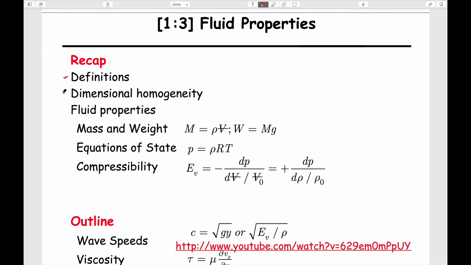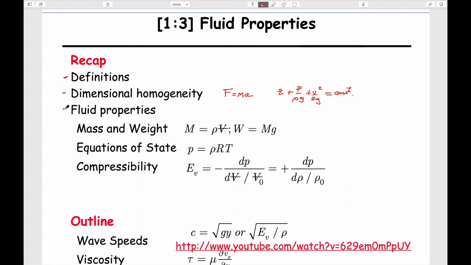We talked about the importance of dimensional homogeneity, for instance, using F equals ma, and also Bernoulli's equation, to make sure that when we looked at individual components we are indeed adding apples to apples and not apples to oranges. And we could calculate that each of these terms indeed has units of length, as it should.